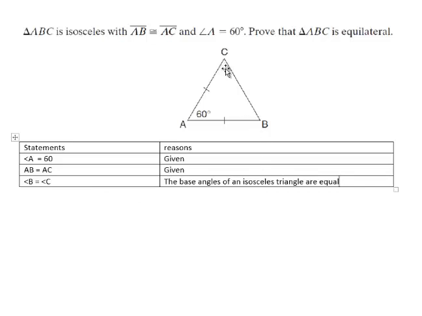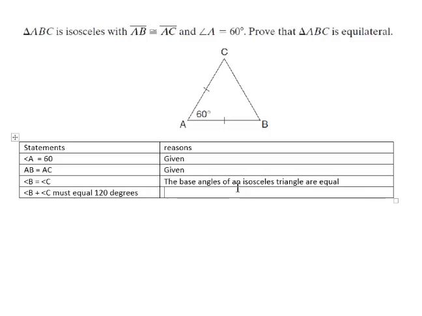Next, so now that we've got this and this are equal, we know that they have to equal 120 altogether, right? Because this is 60. So I'll say angle B plus angle C must equal 120 degrees.